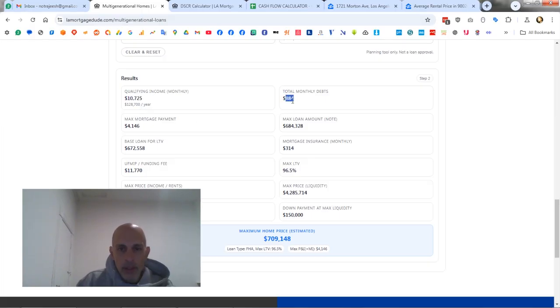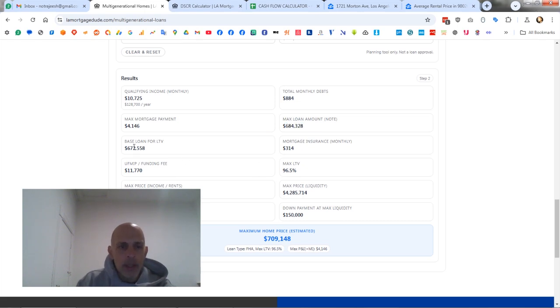These are our debts, our property taxes and hazard insurance. So we subtract that from here and then multiply this by 46.9 or divide by 2. That gives us roughly this much, 4146. Based on those payments, we're looking at a max loan amount of $684.